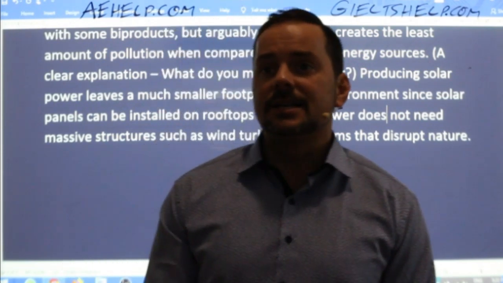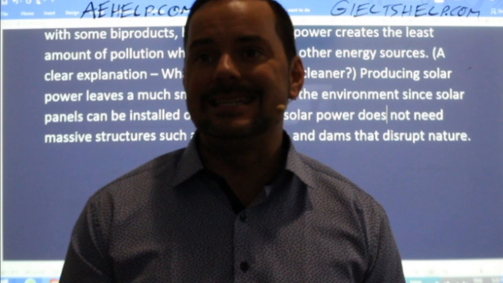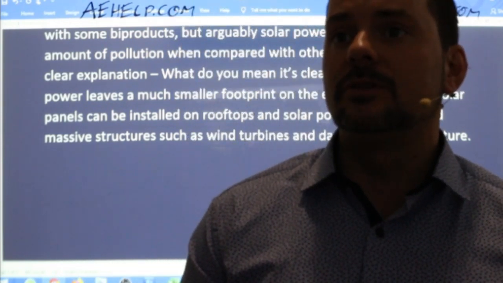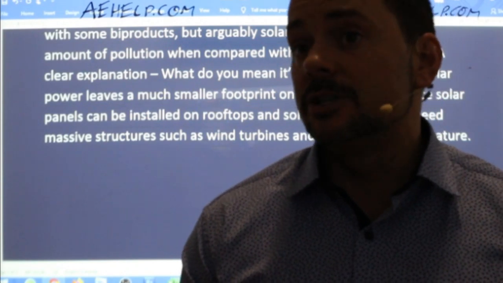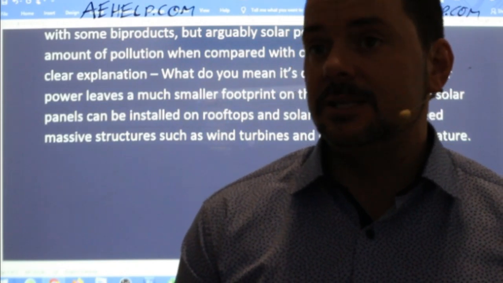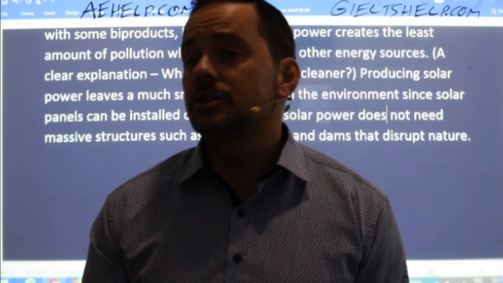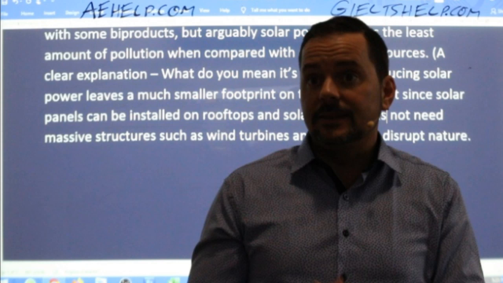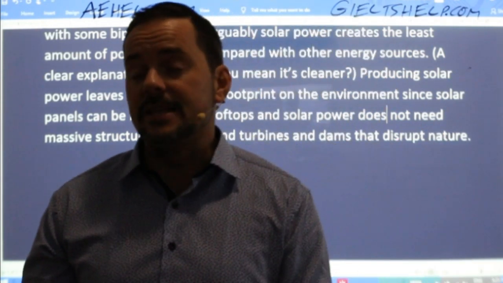Aster says, compared with wind turbines and dams, solar energy is the least polluting to the environment as it requires much less space. Okay, good. Aster, that's really nice. I like how concise you are, so you're able to state this idea in a short way. It's fantastic.